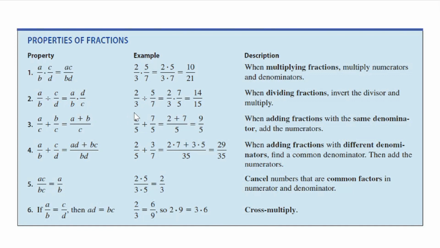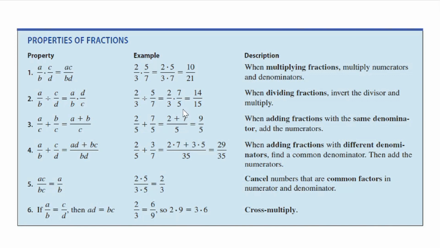So let me discuss this example. For example, we have here 2/3 divided by 5 over 7 is equal to, copy this first fraction, we have 2 over 3, and then change the operation from division to multiplication, but you take the reciprocal of 5 over 7, wherein the reciprocal of 5 over 7 becomes 7 over 5.